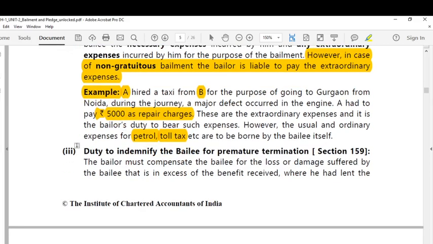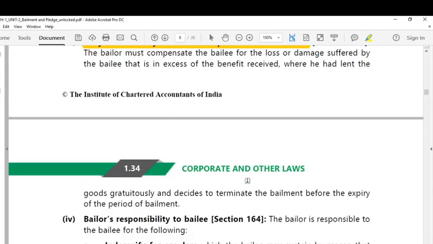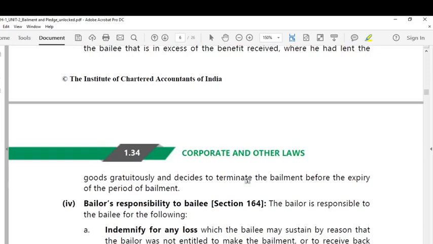And the third duty of a bailor is a duty to indemnify the bailee for premature termination. So, the bailor must compensate the bailee for the loss or damage suffered by the bailee that is in excess of the benefit received, where he had lent the goods gratuitously and decides to terminate the bailment before the expiry of the period of bailment.